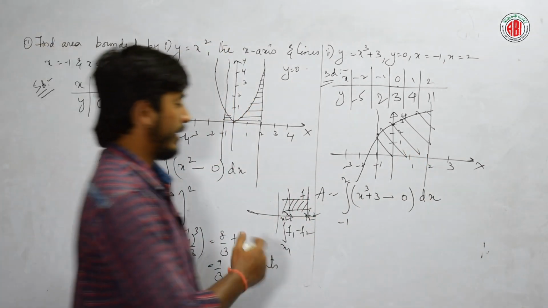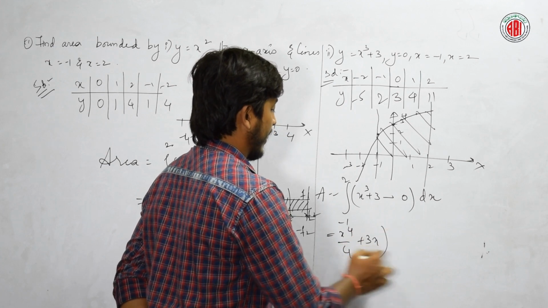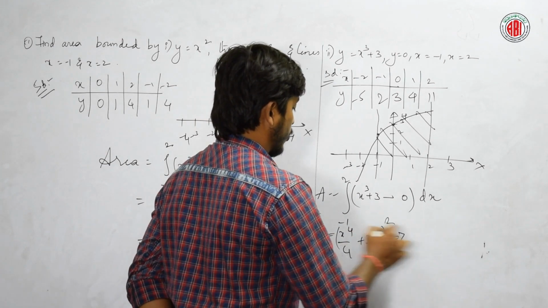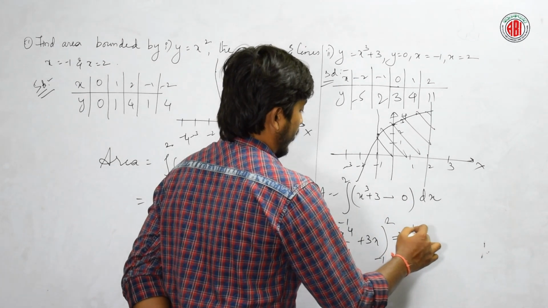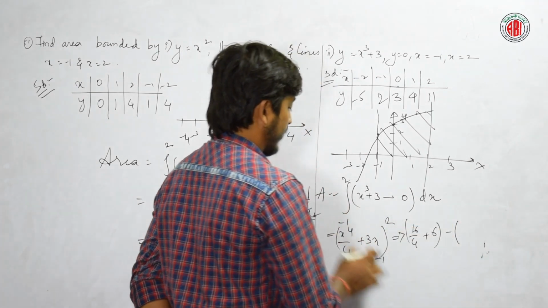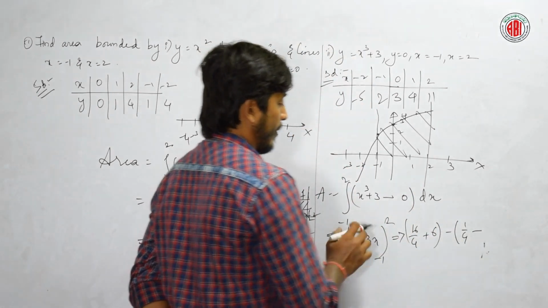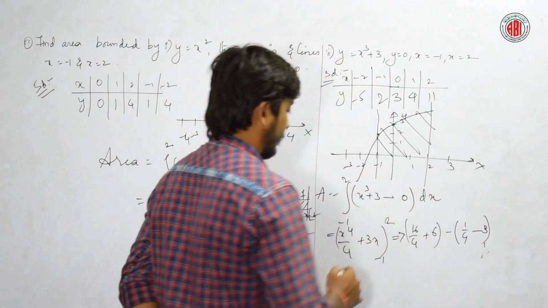Right? So, let us integrate it directly. I will get x power 4 by 4 plus 3x from minus 1 to 2. 2 power 4 is 16 by 4, plus 3 twos are 6, minus 1 power 4 is 1 by 4, here minus 3.